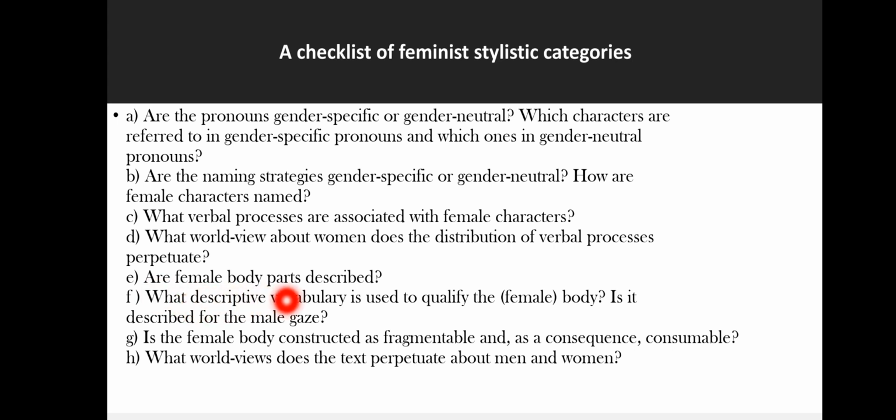Are female body parts described, and what descriptive vocabulary is used to qualify the female body? Is it described for the male gaze? Is the female body constructed as fragmentable and, as a consequence, consumable? And what worldview does the text perpetuate about men and women?